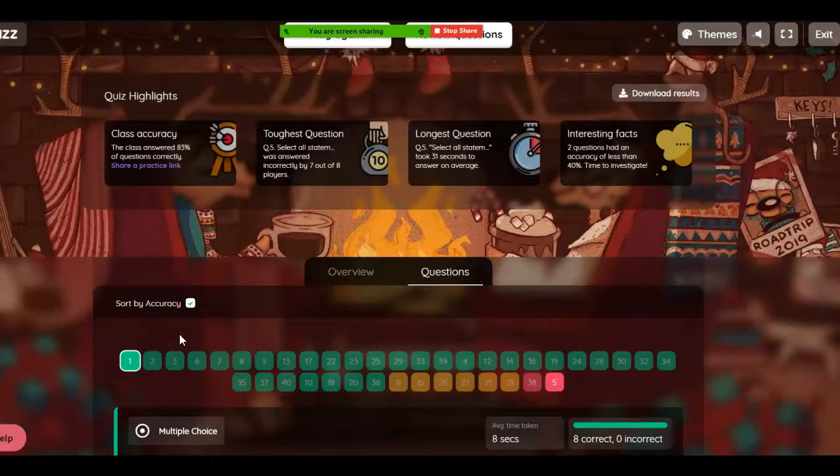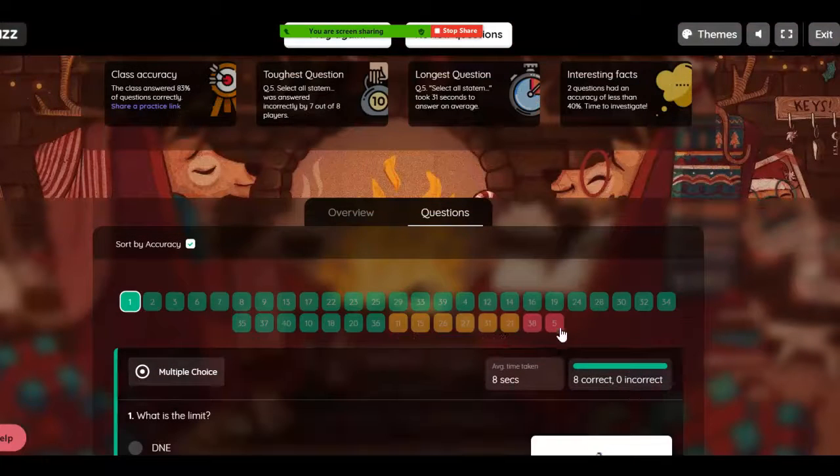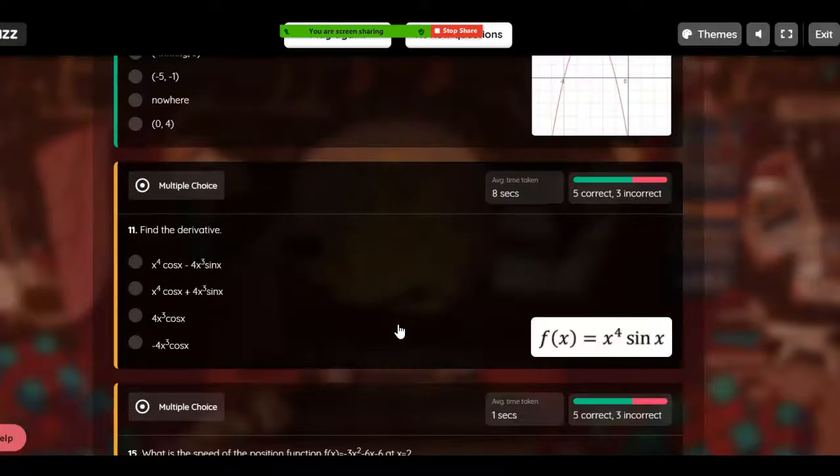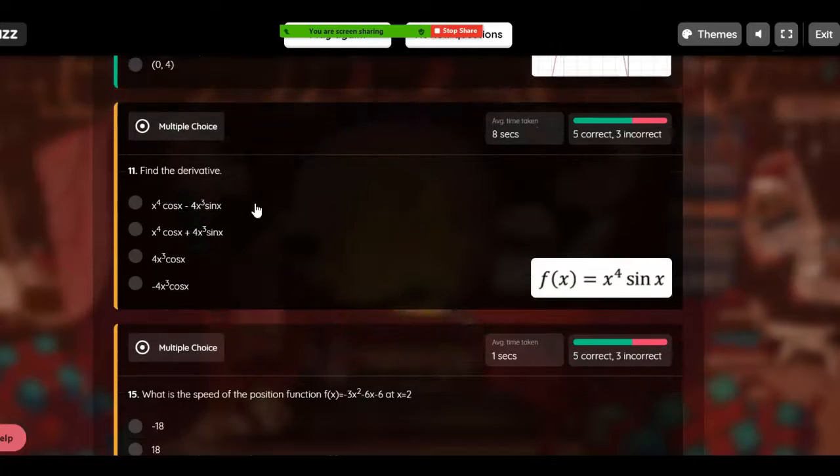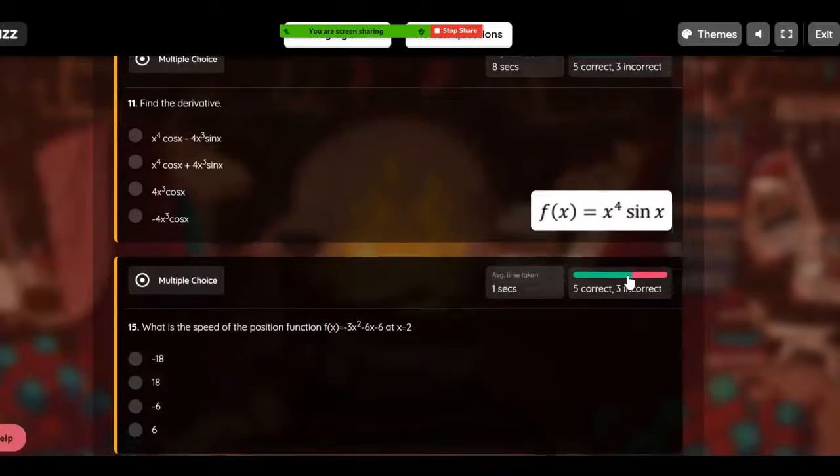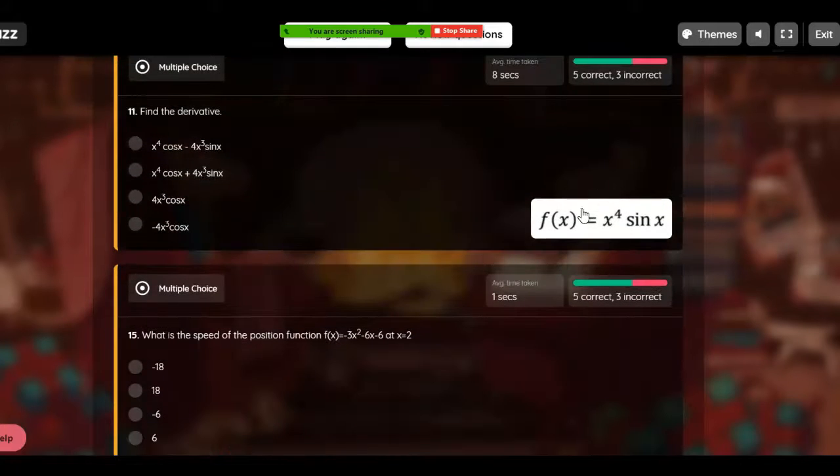So let's go through and we're going to look at sorting via accuracy. So we got, like I said, a majority of the questions right. If we pick up with question 11, this one was find the derivative of f of x equals x to the fourth sine x. This is a product rule. So it was the first times the derivative of the second plus the second times the derivative of the first.